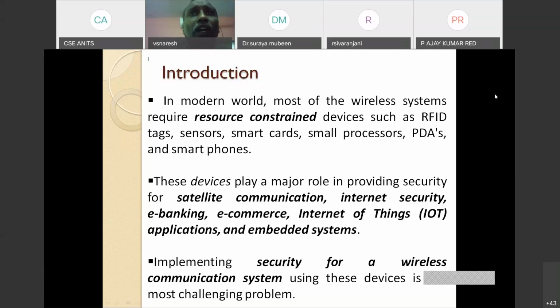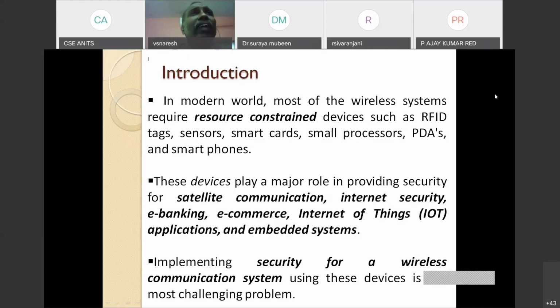You can multiply 1 crore into 1 crore in a computer, but you cannot in a calculator. So we have to deal with resource constraint devices like mobiles, RFID, sensors, and IoT devices.